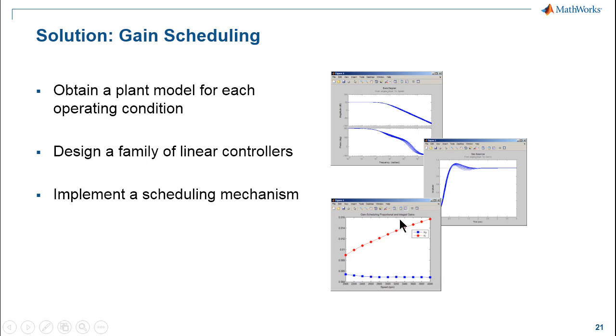In fact, we have a whole webinar that talks about gain scheduling in Simulink, so if that's of interest to you, I encourage you to watch that, and we also have a video on the Simulink Control Design product page.